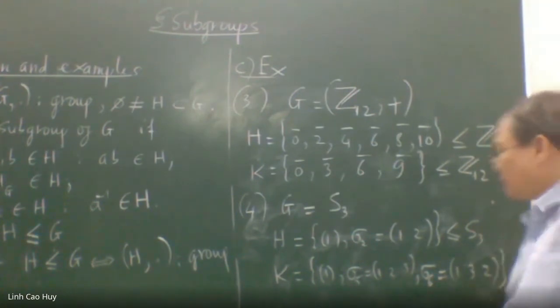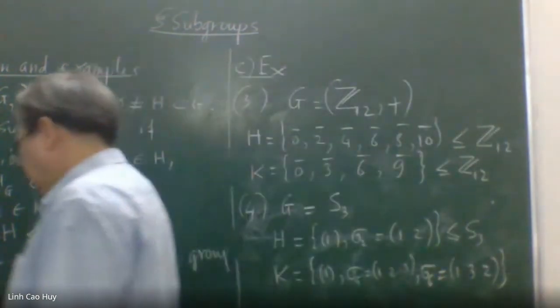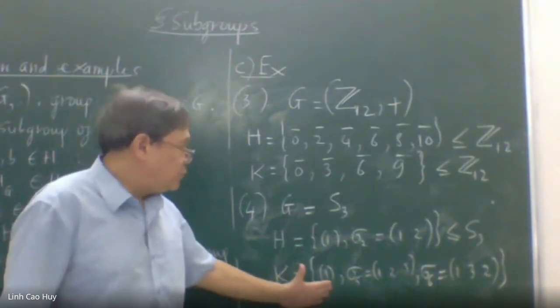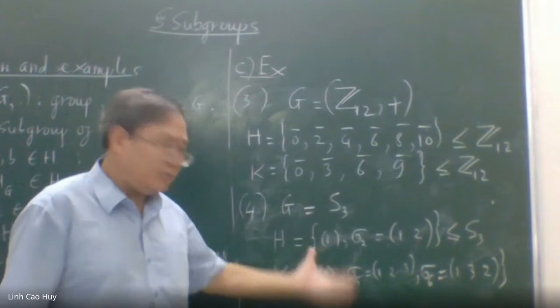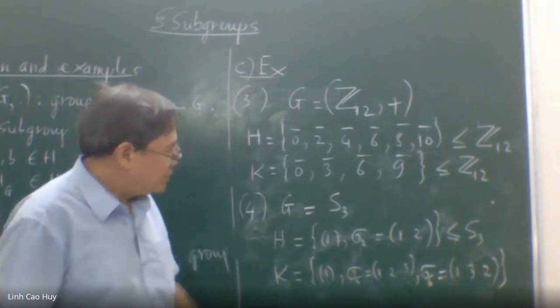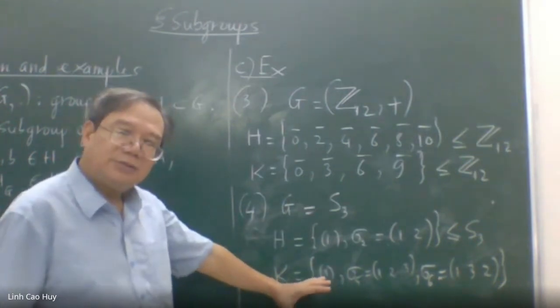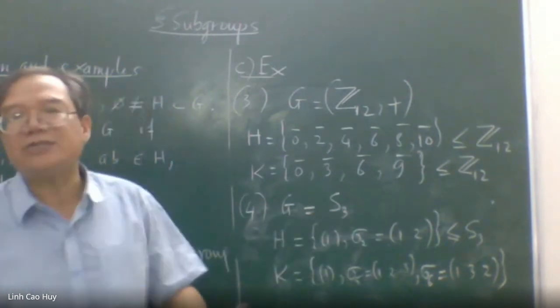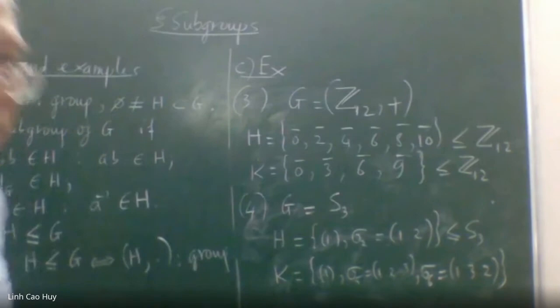Okay, 3 elements. And you need to check. All of you need to check whether K is a subgroup of S3 or not.